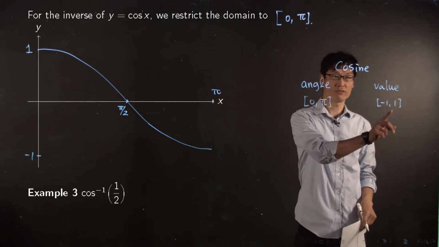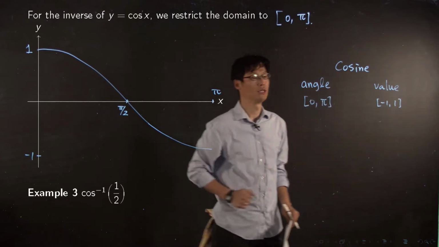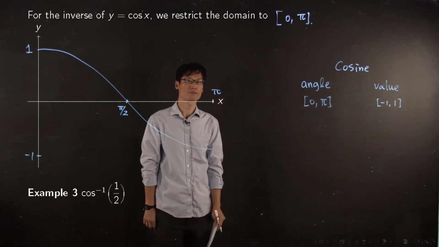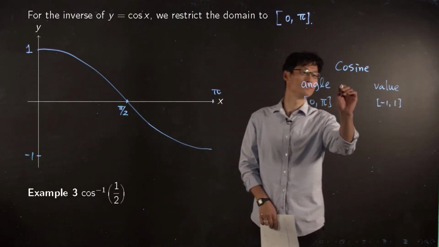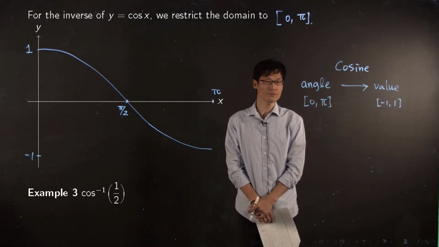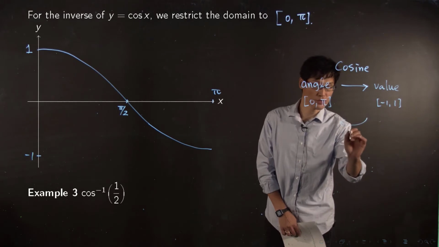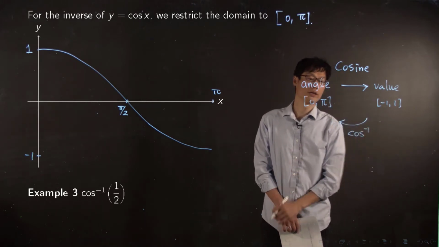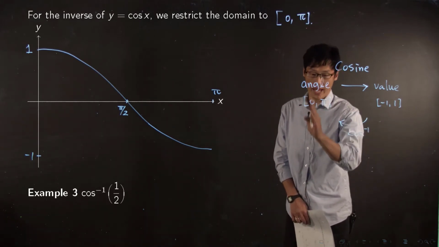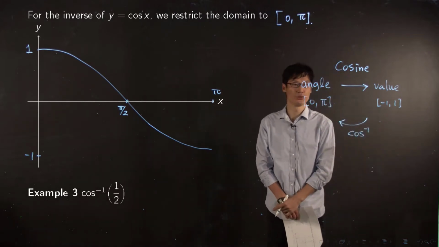So you are assigning a certain value to any angle in this interval. When you define the inverse of cosine, it assigns a certain angle to a value.